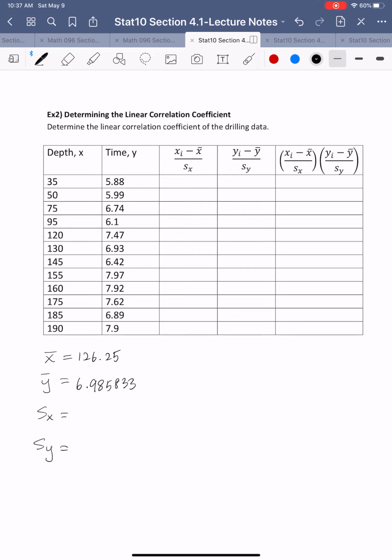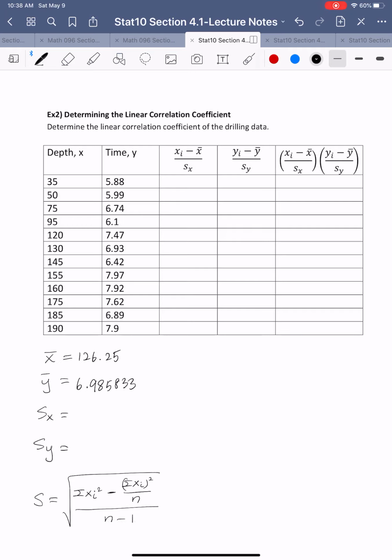For s of x, the standard deviation for the depth, there is a formula, hopefully you remember it too. s is equal to the square root of the sum of x sub i squared minus the square of the sum of x sub i over n, all over n minus 1.